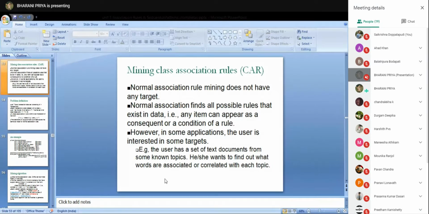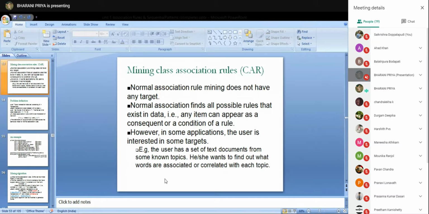In normal association rules, there will not be any target. If you take the item set, any items from the item set can be there in the conditional set and in the consequent. But there are some topics wherein the targets are fixed.